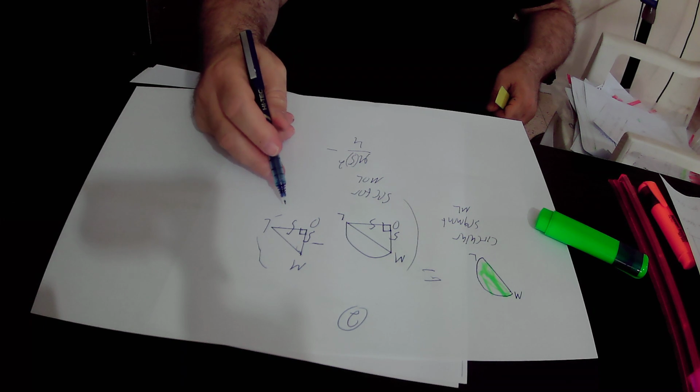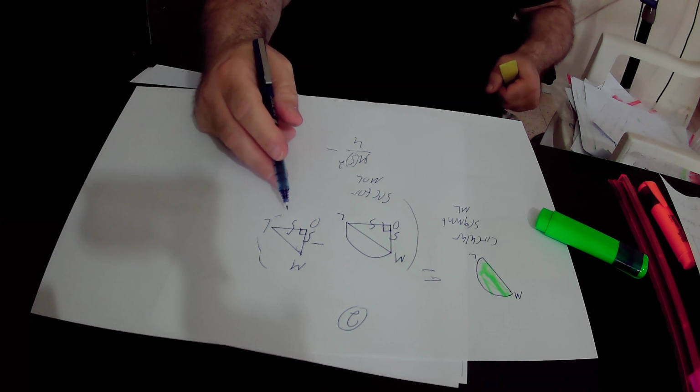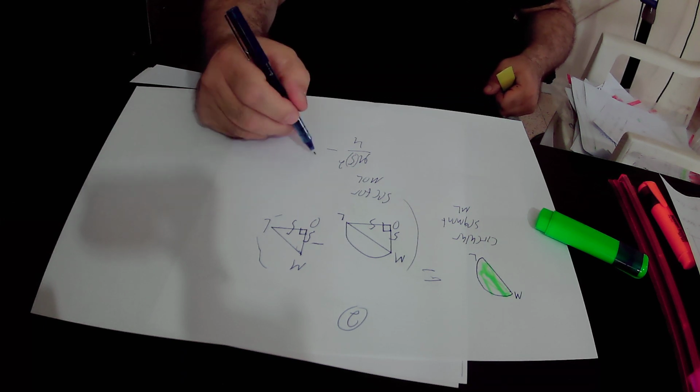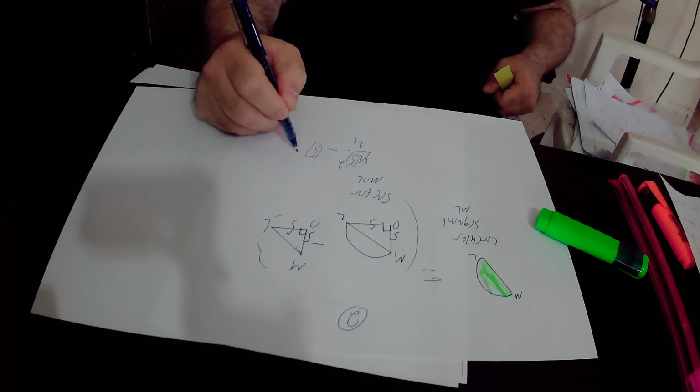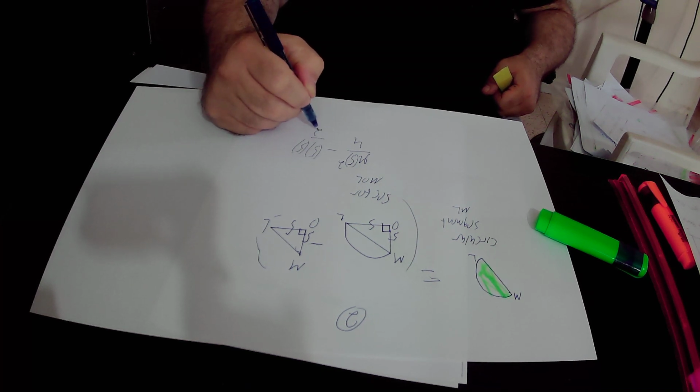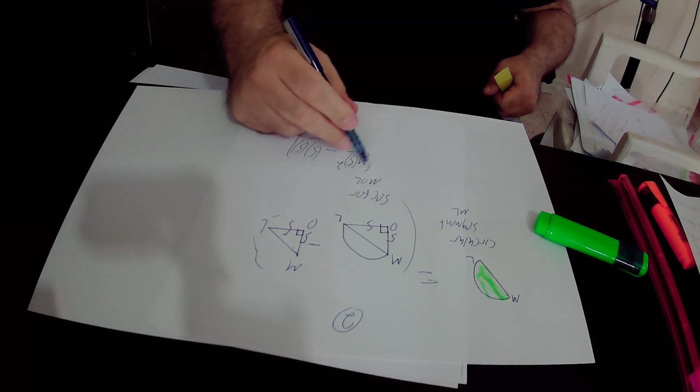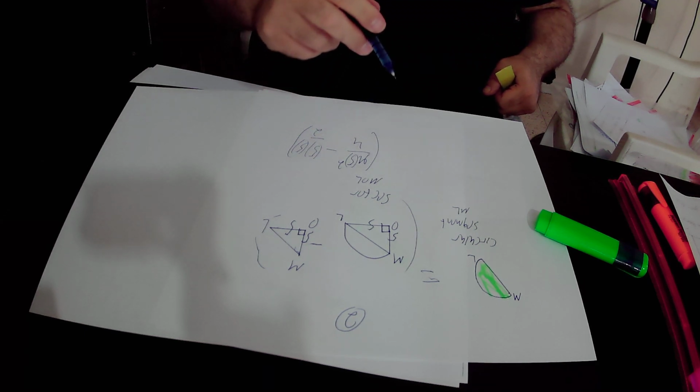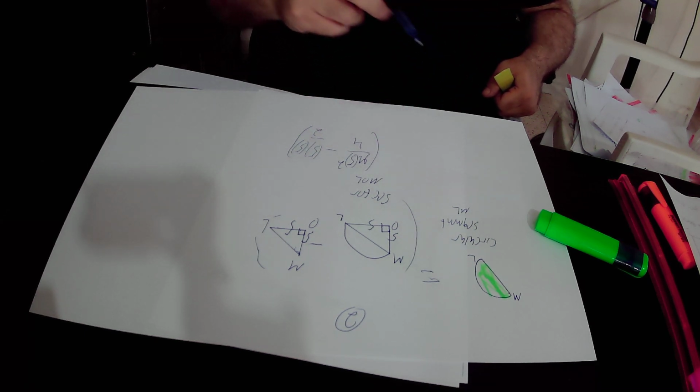The area of triangle MOL equals the base of the triangle, that is 5, times the height to the base, that is also 5, over 2. So here we actually found out the area of the circular segment ML.